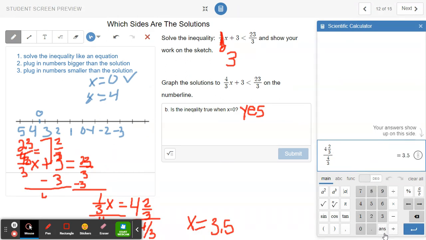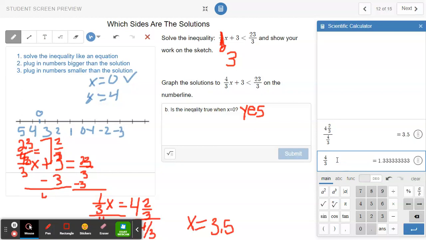So we have 4 thirds times 4, and then we're going to add 3, which gives 8.333. And remember that this is 7 and 2 thirds. So does x equals 4 work?